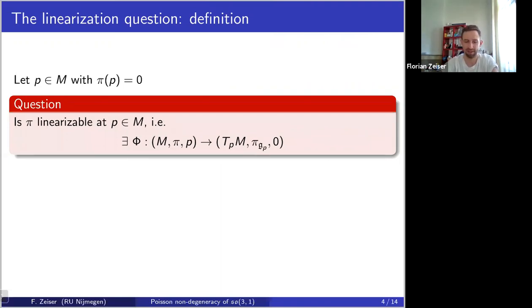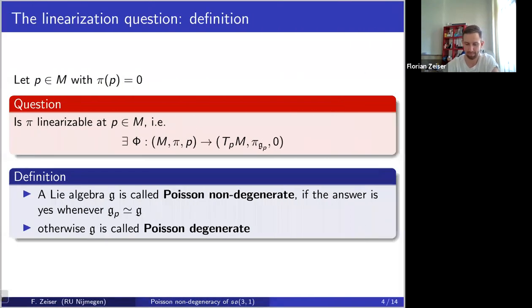Now, the answer to this question might depend on the isotropy Lie algebra. A Lie algebra is called Poisson non-degenerate if this question can always be answered positively, so whenever the isotropy Lie algebra is isomorphic to this Lie algebra, then the answer is yes.